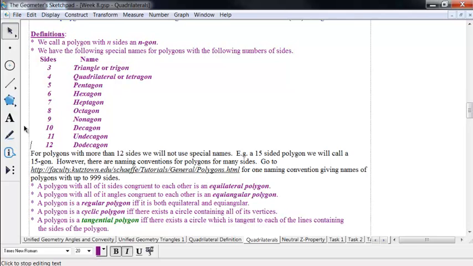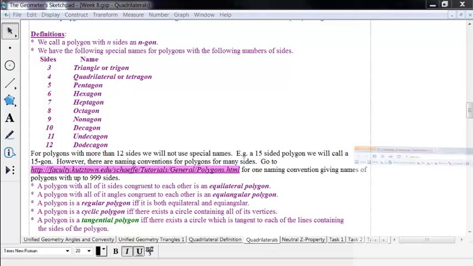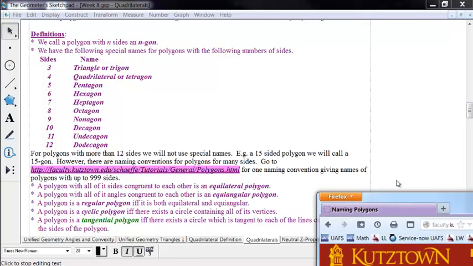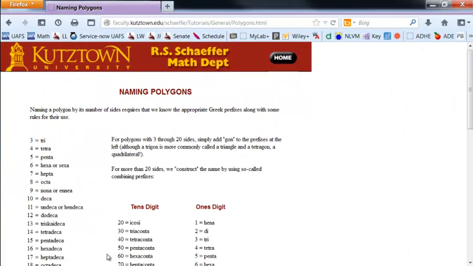But there are conventions for naming polygons with more sides. This website right here shows examples of a naming convention that goes all the way up through 999 sides.